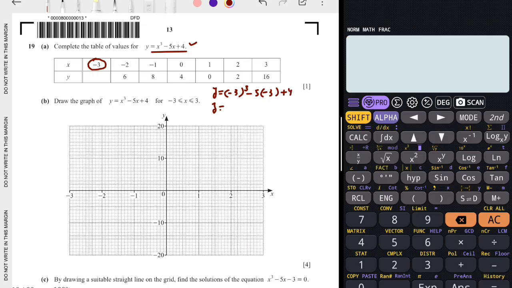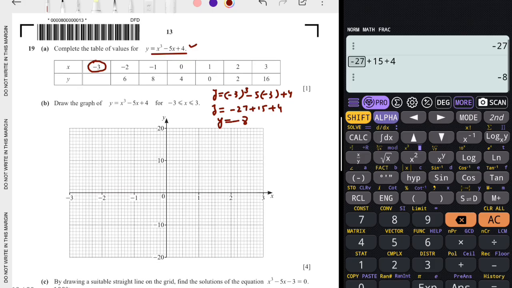We can use a calculator: minus 3 times minus 3 times minus 3 is equal to minus 27. Minus 27 plus 15 plus 4 is equal to minus 8. So the value of y is minus 8.